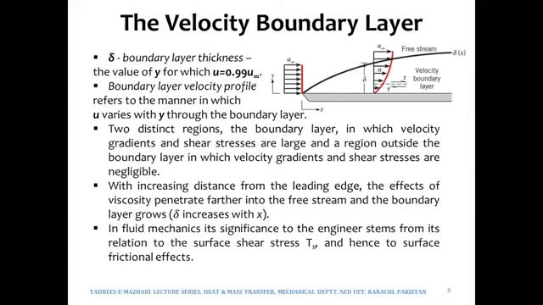So for now we would be restricting ourselves to velocity boundary layer and the thermal boundary layer. So again I would request you to refer to that previous lecture for a good understanding of velocity boundary layer, because over there I had explained the velocity boundary layer and the thermal boundary layer in a lot of detail.